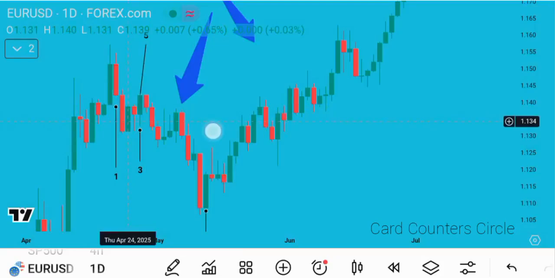So now we have 3 being a different candle, and I know that 1 and 2 are good convergences. They're almost perfect convergences, so I'm expecting a retracement within that. We've been bearish, so if I am to expect a retracement, where would the retracement be? It should be bullish, right?